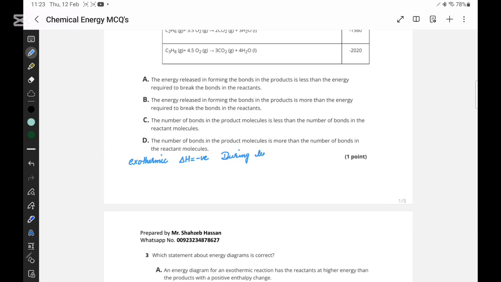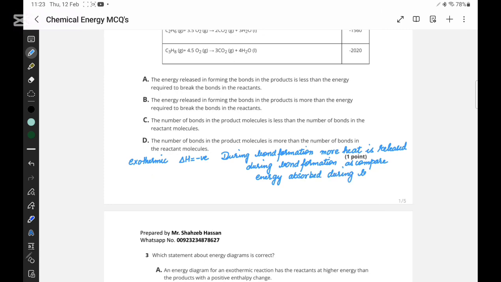During bond formation, more heat is released as compared to the energy absorbed during bond breaking.